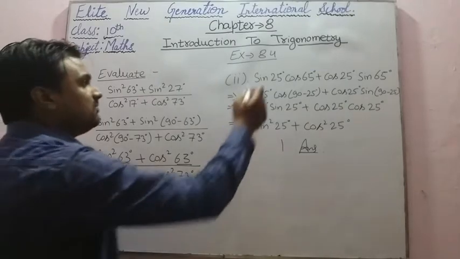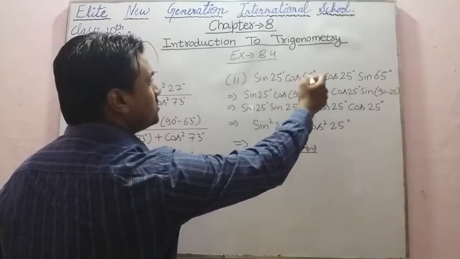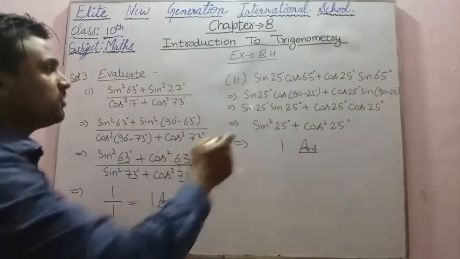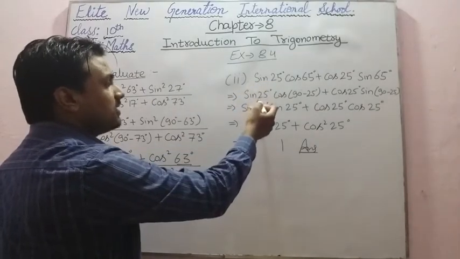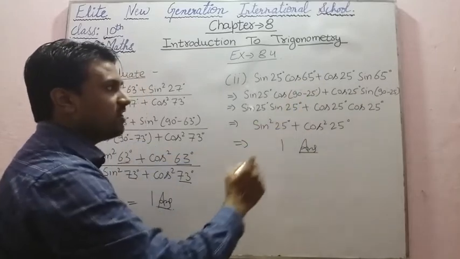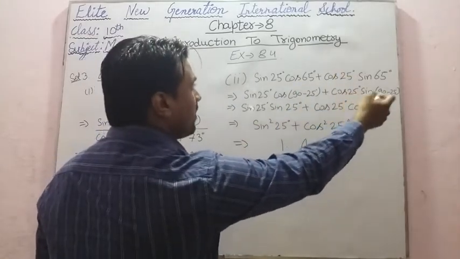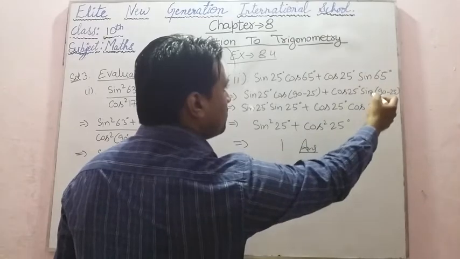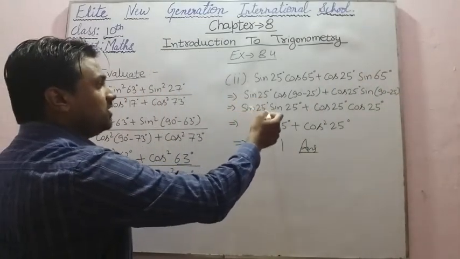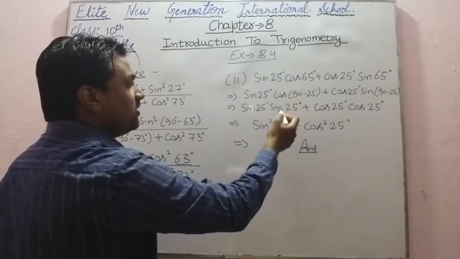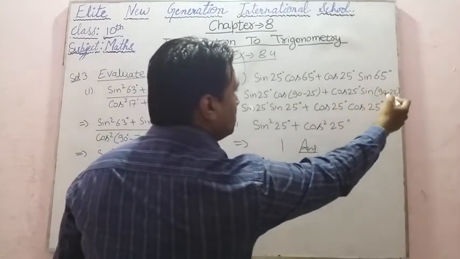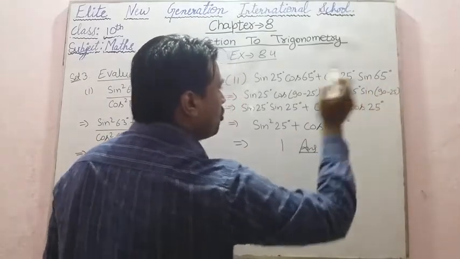Now its second part, sin 25 cos 65 plus cos 25 sin 65. In place of cos 65 we can write cos 90 minus 25, and in place of sin 65 we can write sin 90 minus 25. So it will be sin 25, and cos 90 minus 25 will become sin 25, plus cos 25, and sin 90 minus 25 will become cos 25.